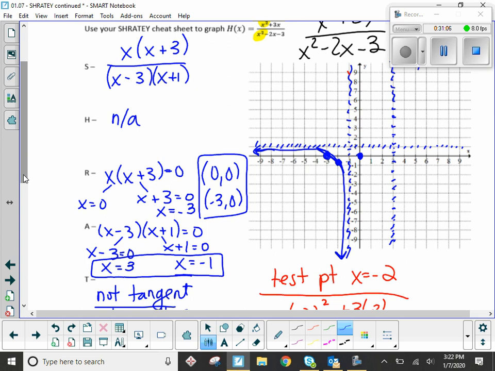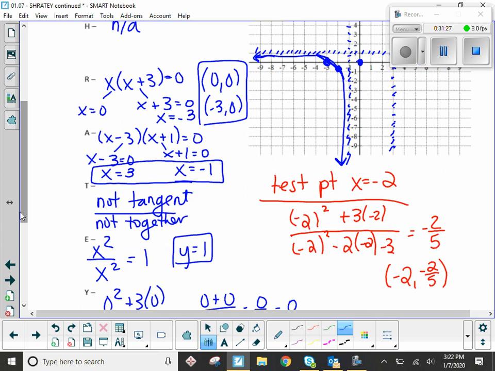This right here. So I just came up to this asymptote, and I need to know what the graph is going to do on the other side. Which of these letters talks to me about the behavior on either side of the asymptote? Which letter from your SHRATEY? T, right?